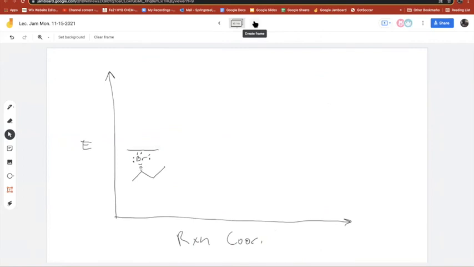So we're only breaking a bond, endo or exo. It's got to be endo because we're breaking a bond. It takes energy to break bonds.